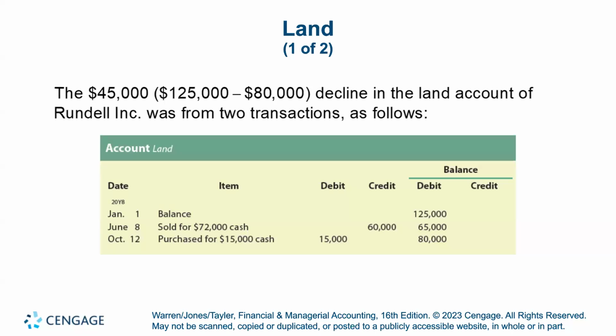So what's 72,000 minus 15,000? 48,000. Okay. Or 47, something like that. 48,000. When we're working on the statement of cash flows, we are focused on how much cash changes, not always how much the asset changes. Okay, that's important.